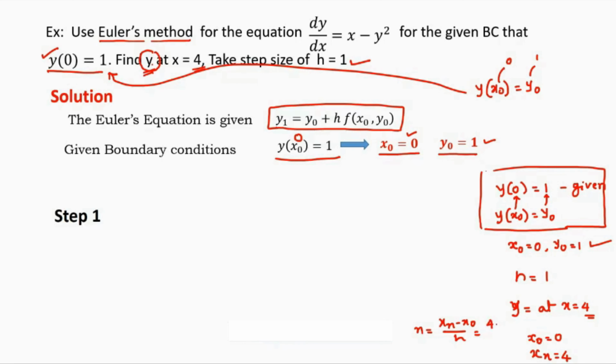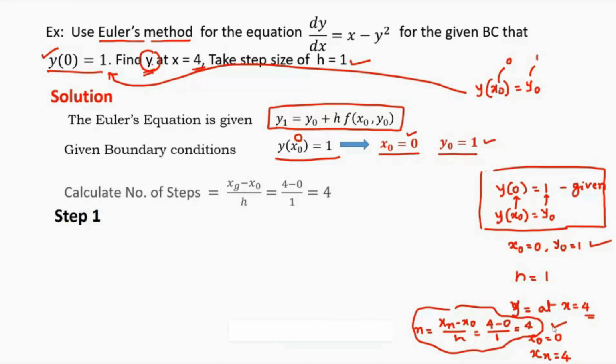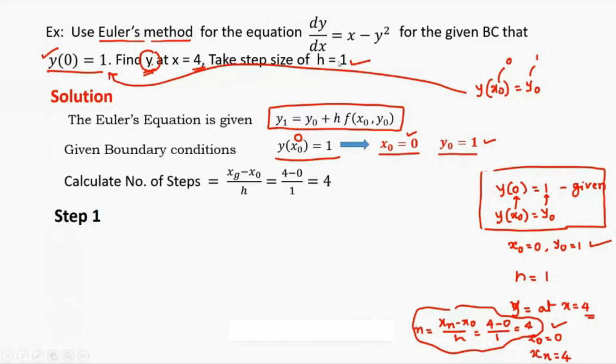So this is 4 minus 0 by h, and h is equal to 1. So we have to get this value in 4 iterations. The number of iterations is 4. That we will see later on. Here I have calculated the number of iterations as 4, and the steps to be followed.